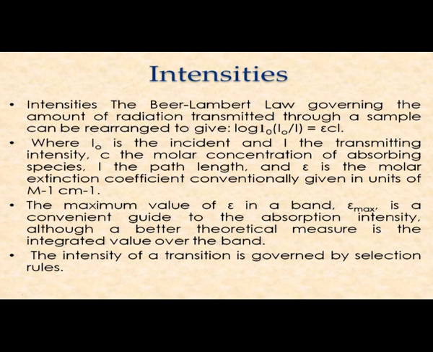If you are synthesizing a new material and want to know its absorption characteristics, you can subject it to UV visible spectroscopy and apply the Beer-Lambert law. So, you will get the absorption coefficient of the material and you can get its band gap.